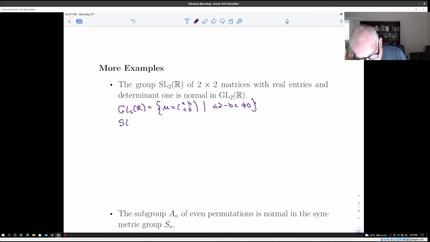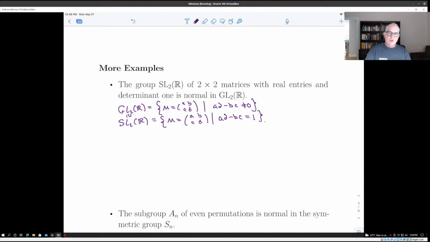And SL2R is the subgroup of matrices whose determinant is exactly equal to 1. And it's a subgroup, and I claim that it's normal. First of all, these are both infinite groups, and as we'll see, the index is actually infinite.